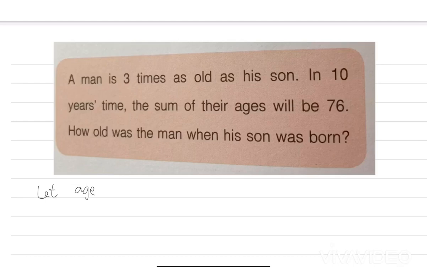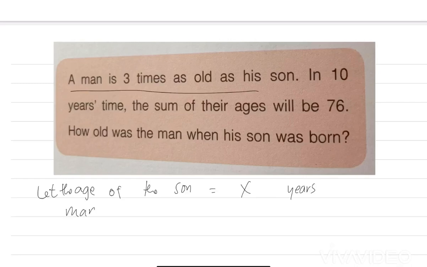Let the age of the son be equal to x years. Okay, and it says that a man is three times as old as his son. So the man's age now is equal to 3x.